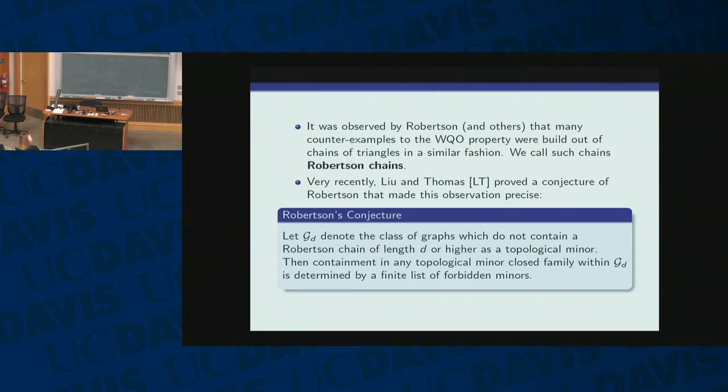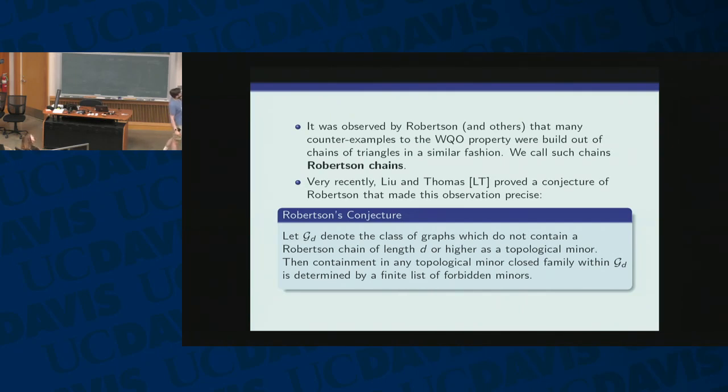What does it mean to not have a single triangle as a topological minor? Well, it means that I'm a tree. So G_1 is the class of trees. G_2 is going to be the class of graphs for which you can never find two triangles touching at one of their vertices, and so on and so forth. As a topological minor.